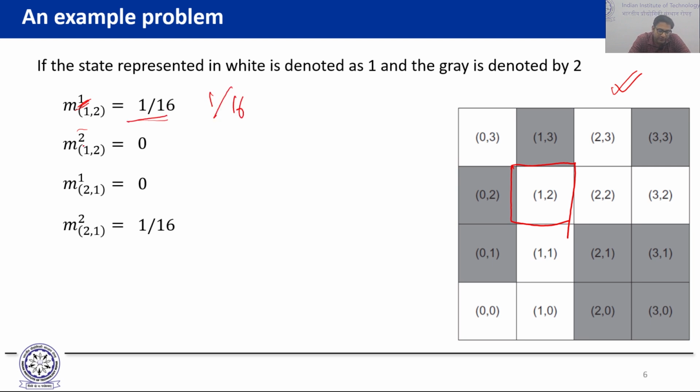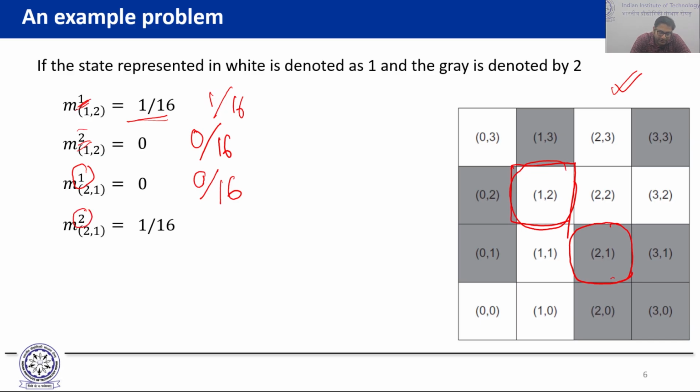Similarly, if I now do the same evaluation for state 2, which is the gray state, we find that over here you do not have any gray states, so the value is basically 0 over 16. So if you look at this other cell 2, 1, when we are looking at the value of the microstructure function for state 1, since this state is a gray state and we are looking at the microstructure function for the white state, or the probability for the white state, the value is going to be 0 over 16.